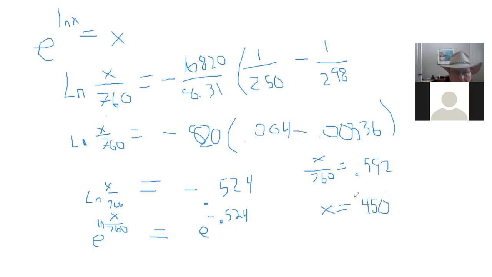Again, this is key. You have to understand this part when you're dealing with logs. So that you raise both sides e to the power, and that eliminates this as 1. Okay? Got it. That makes a lot of sense now.